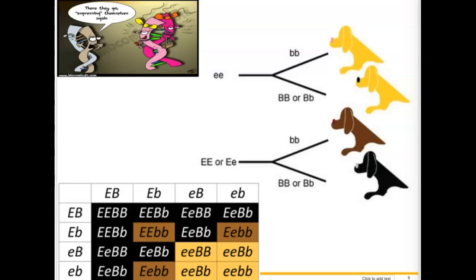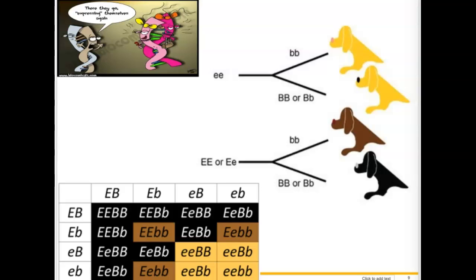So if the pigmentation is expressed in dominance, then you can see the coat color. If it is not expressed, then you won't be able to see the black or brown coat color, and the coat will be blonde. In this case, E stands for epistasis, and B stands for black.